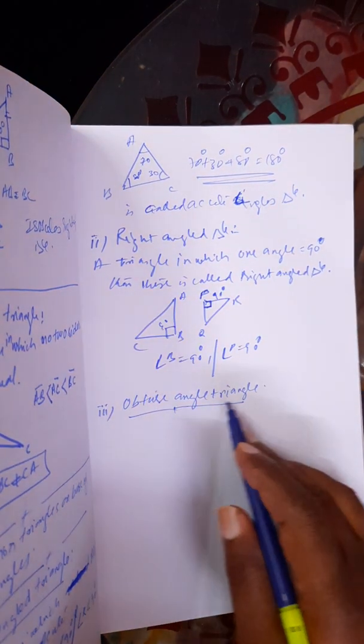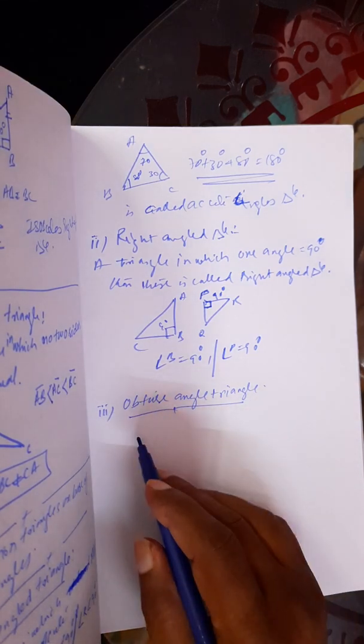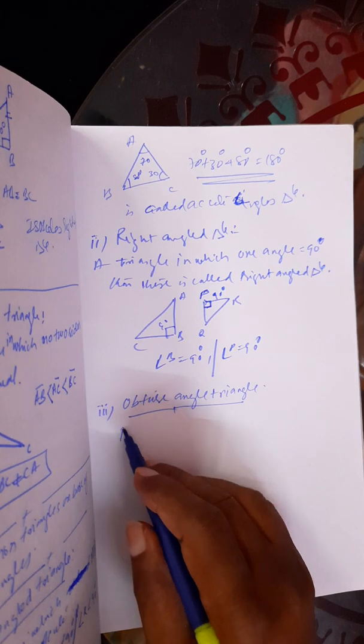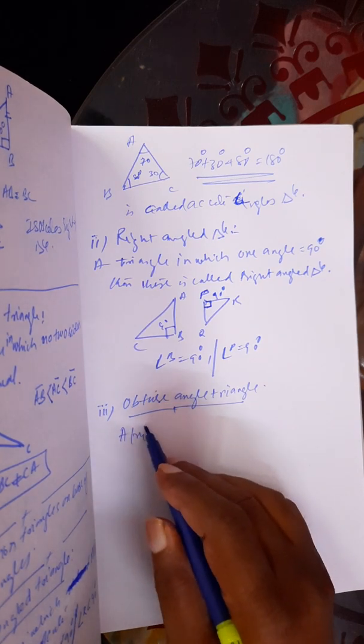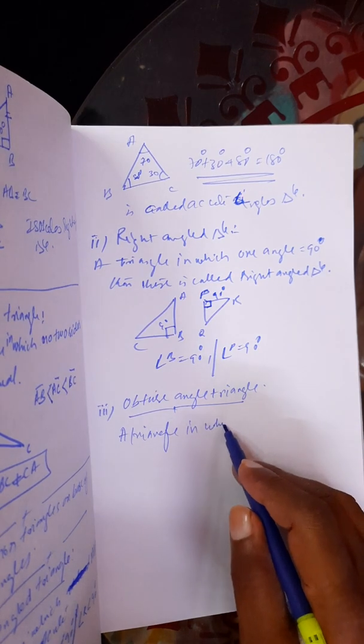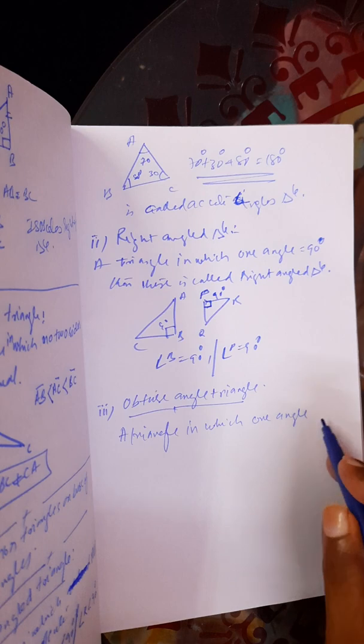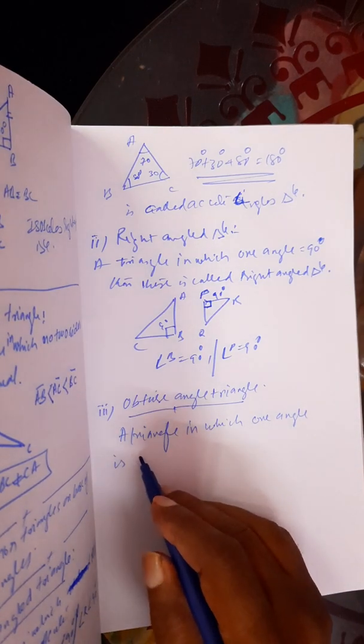Now, obtuse angle triangle. The third one is obtuse angle triangle. What is this? A triangle in which one angle is obtuse.